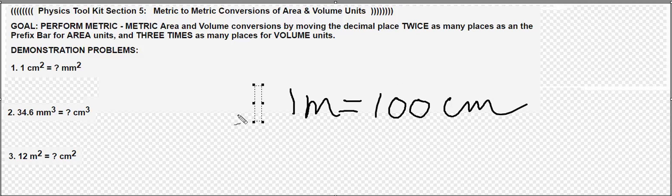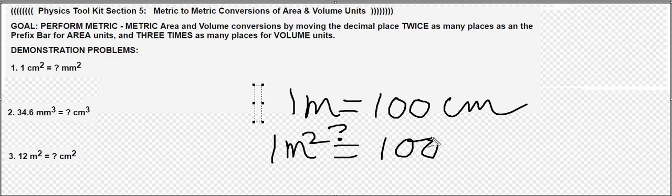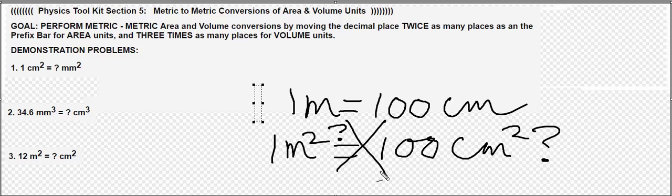So this brings up the question: is 1 square meter equal to 100 square centimeters? Well, the answer is no, it's not. Let's see why.